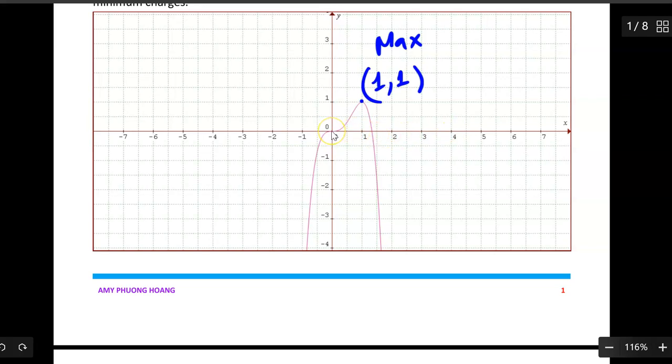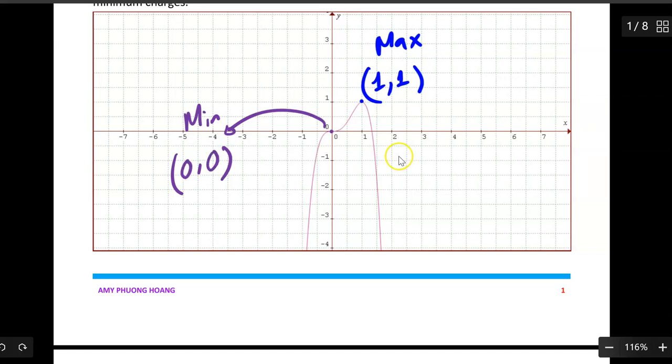Then if I have 0, 0, then it's right here. With 0, 0, it indicates that it's a minimum point.